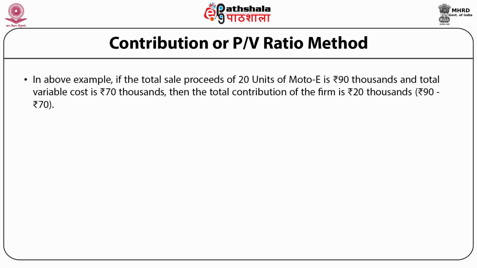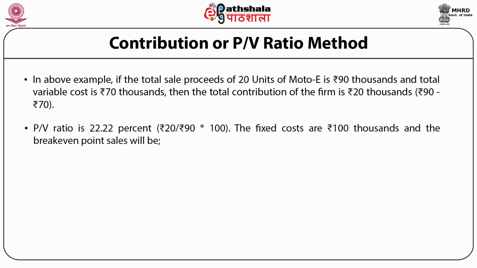In the above example, if the total sale proceeds of 20 units of mobile is 90,000 and total variable cost is 70,000, then the total contribution of the firm is 20,000. That is 90,000 minus 70,000, 20,000. So in this case, the PV ratio of the company is 22%, that is 20 divided by 90 into 100.